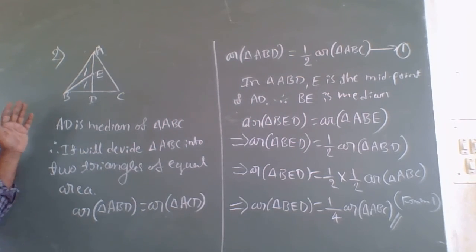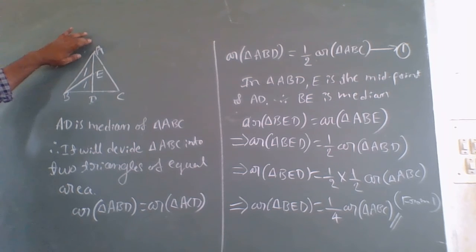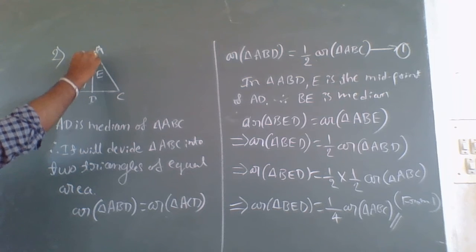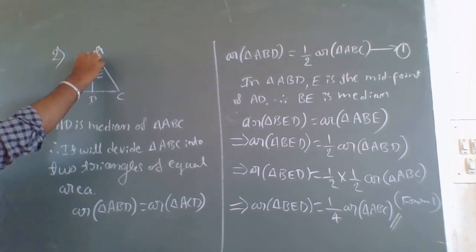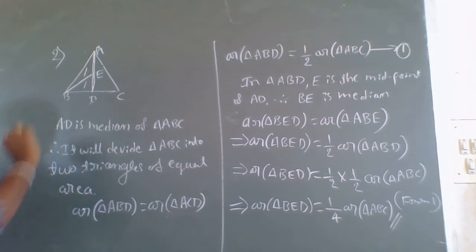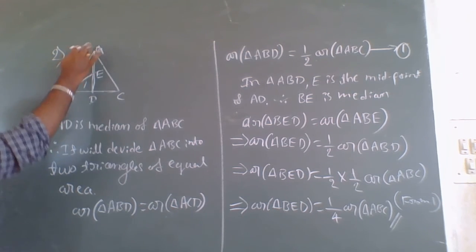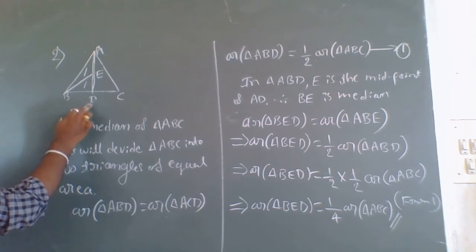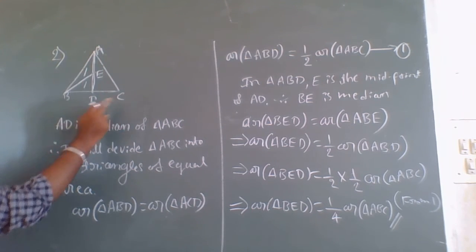So listen carefully again. Here in triangle ABC, E is the midpoint on median AD. So if AD is the median, you can write that the areas of the two triangles ABD and ACD are equal.